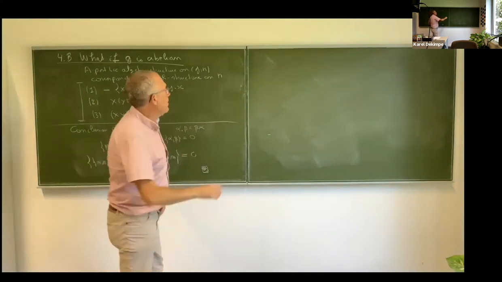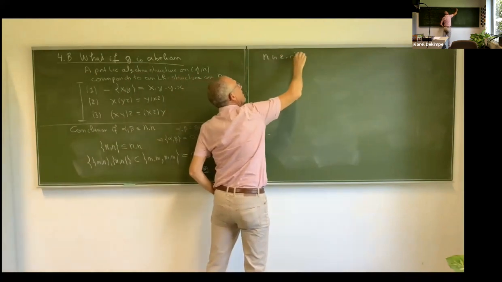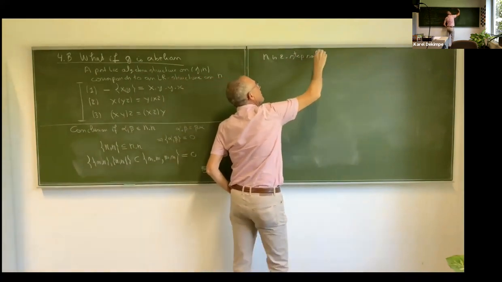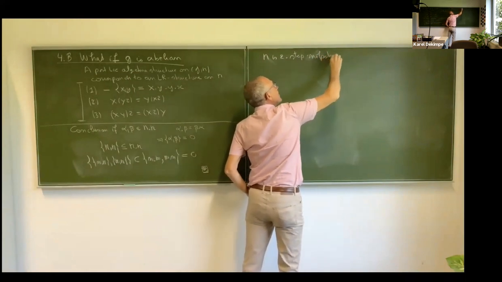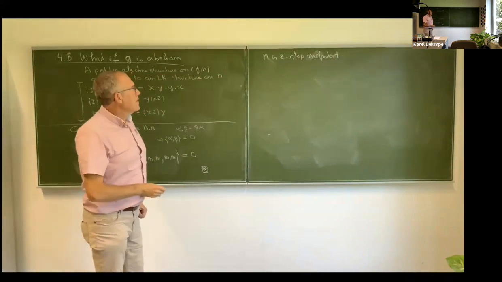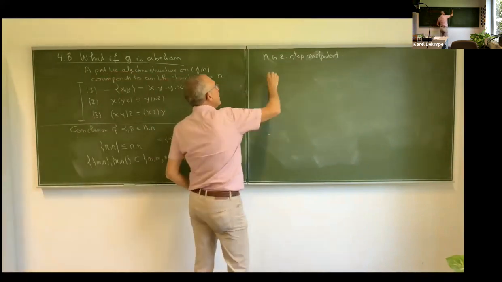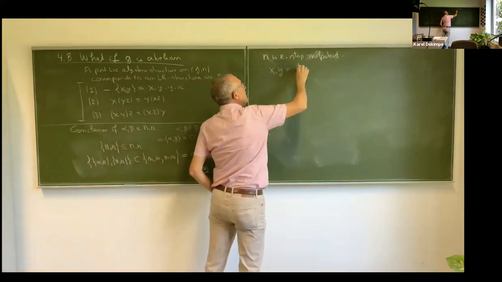So, if n is two-step nilpotent, and it's certainly also two-step solvable. Yeah. Then we can again define the product x times y as 1/2 of the bracket.